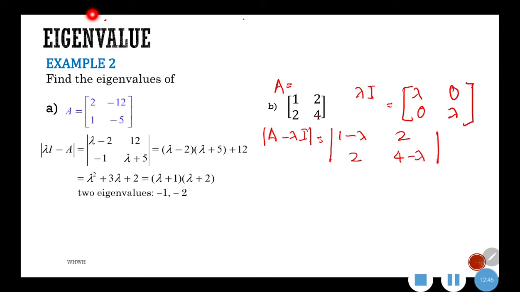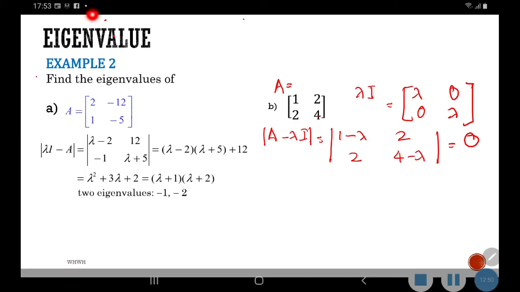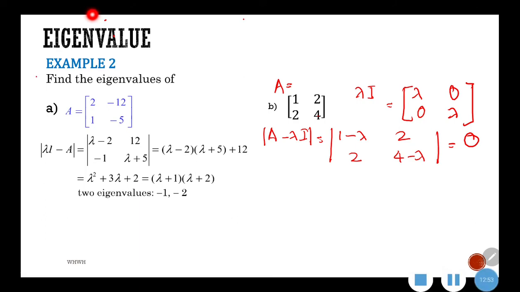Right. Then this one will become 0. This is how we want to find the determinant. So cross multiply, like we did earlier. 1 minus lambda multiplied by 4 minus lambda, minus 4 equals to 0.